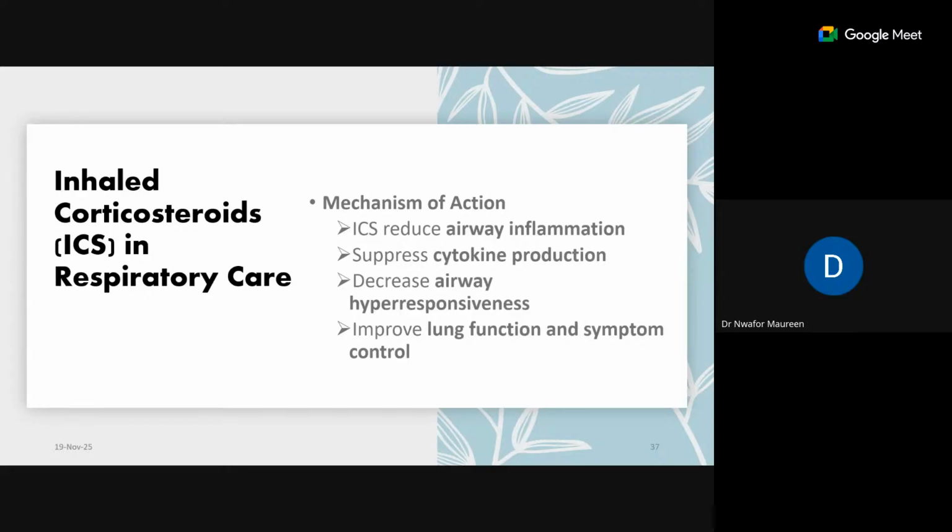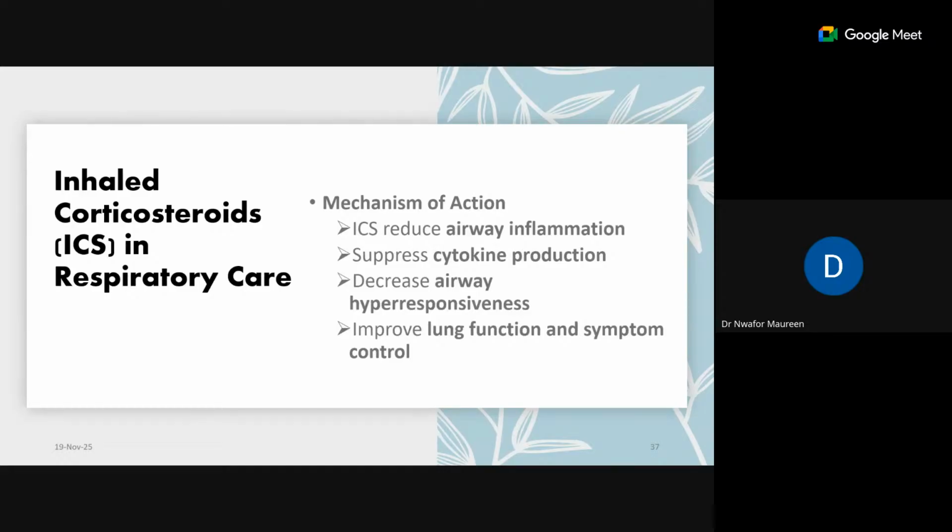The mechanism of action. ICS, that's inhaled corticosteroids. They reduce airway inflammation, suppress cytokine production, decrease airway hyperresponsiveness, which is the issue with asthmatic patients, and improve lung function and symptom control.